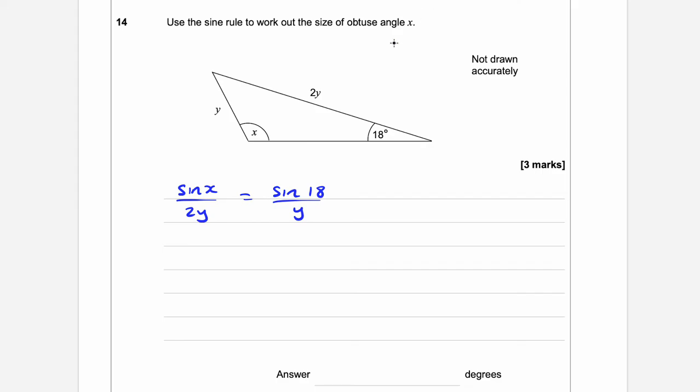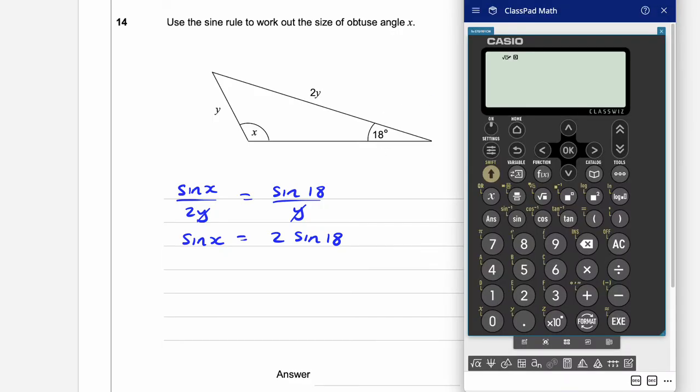In this case, I can cancel these y's, because I can multiply both sides by y, and they're gone. So that's how we can deal with this equation with two unknowns and only one equation, because the y's cancel. That leaves us with sine x equals 2 sine 18 if I multiply across by 2.